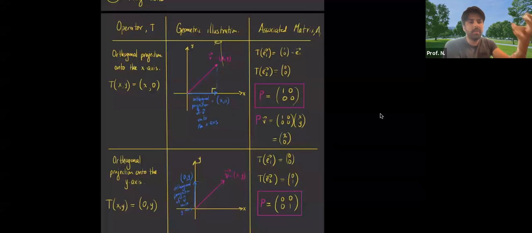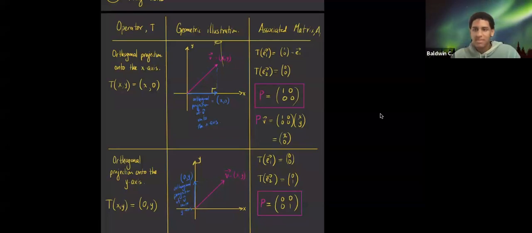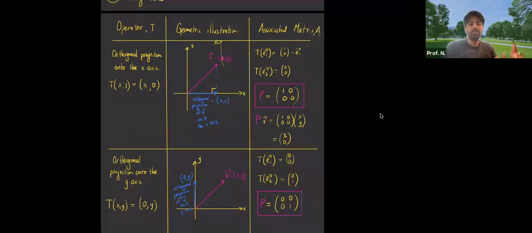If I have a matrix and multiply its transpose by the matrix itself and I get the identity, then the transpose of this matrix is the inverse of that matrix. If that's so, that matrix is called an orthogonal matrix.